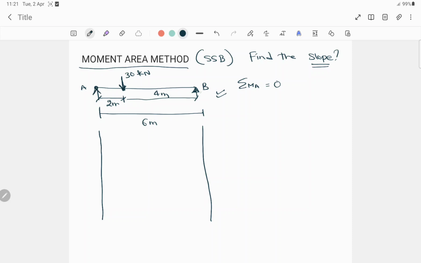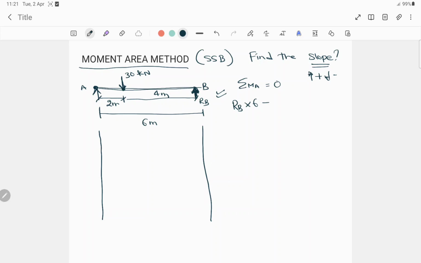So now this force, let it be RB. To reach this point, how much distance does it cover? The total distance is 6, so RB into 6. Upward force we will take as positive and downward force as negative.